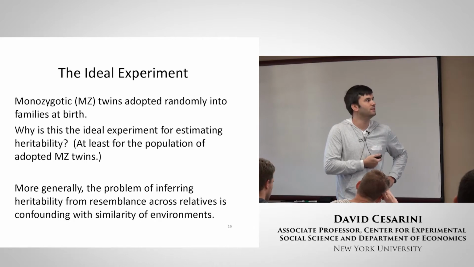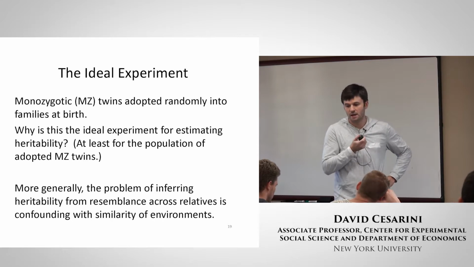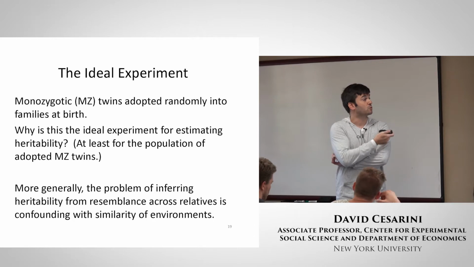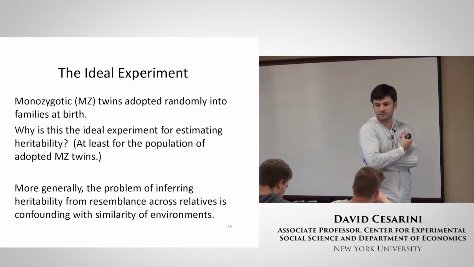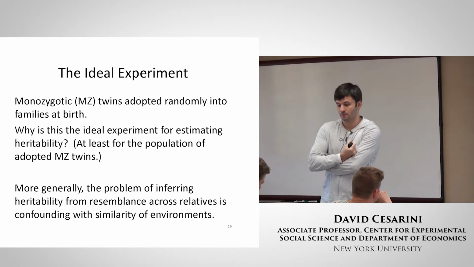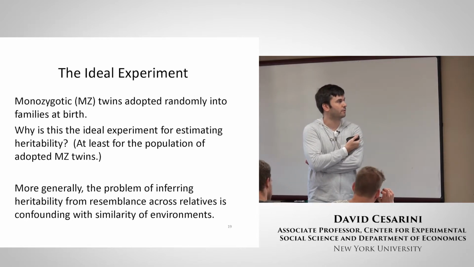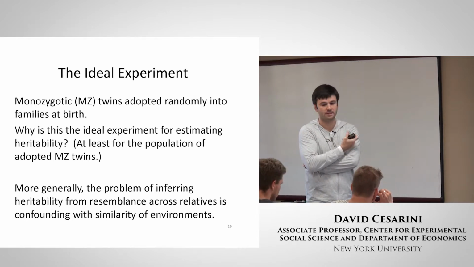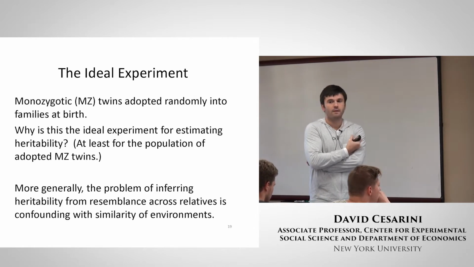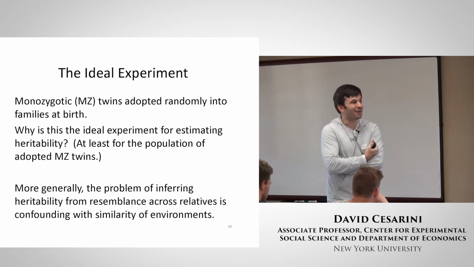Because by assumption, we held constant their pre-birth environment, or suppose that the pre-birth environments were orthogonal to each other, and we randomly assigned them into families. So in this setting, it would be enough to estimate broad sense heritability by the phenotypic correlation between these two twins, across a large number of pairs of twins.